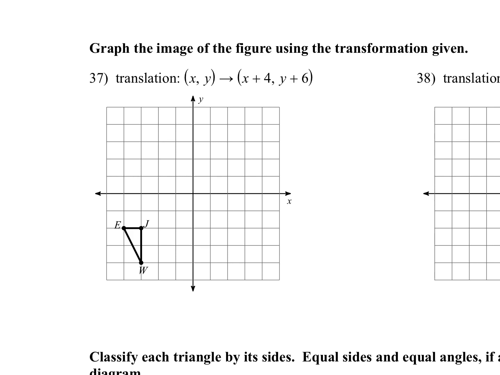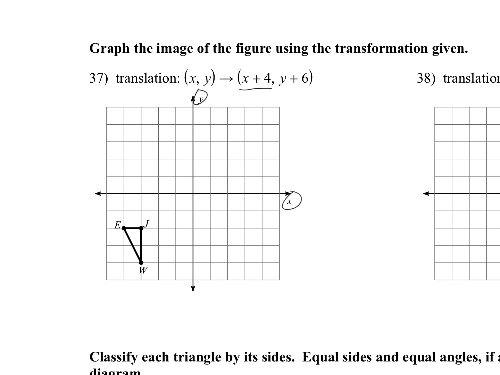So we have this rule here. We need to break down this rule and decide what it means. So x plus 4. Which axis is your x-axis, vertical or horizontal? Horizontal is your x. Vertical is your y. Now it says x is moving plus 4. We want to go in the positive direction on the x.